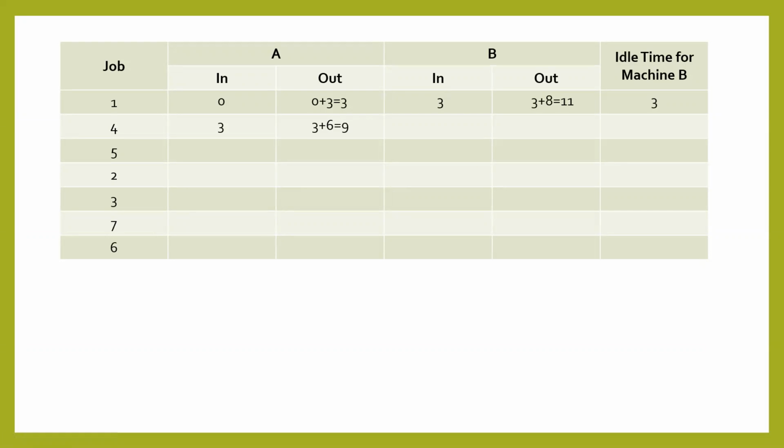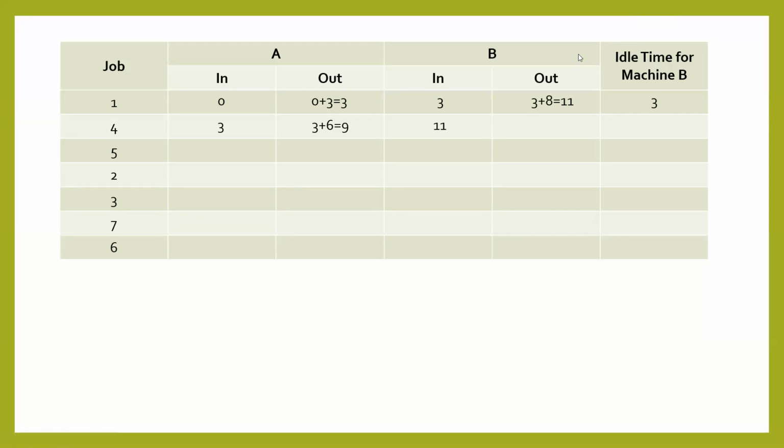So you cannot start job number 4 immediately as soon as it is finished on machine A. Machine B will start job 4 when it finishes the first job, which is after 11, right? So we need to compare the out of A for job number 4 and the out of B for job number 1. The one which is maximum will be the in for that particular job. So this will be 11.